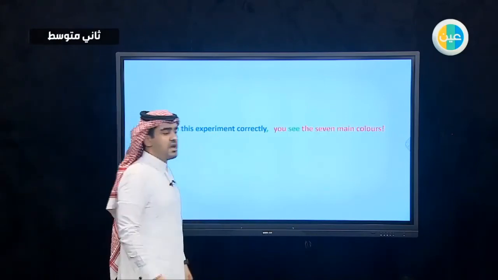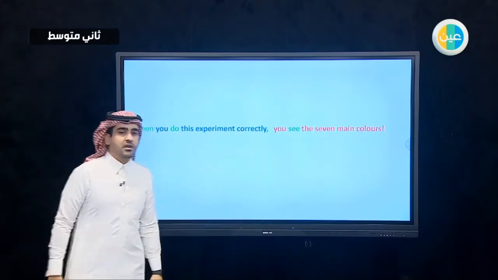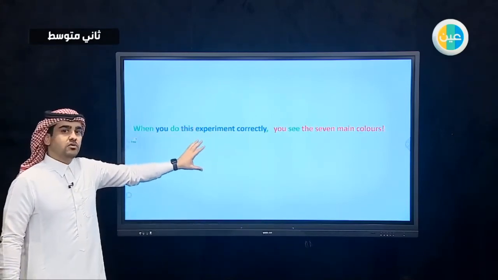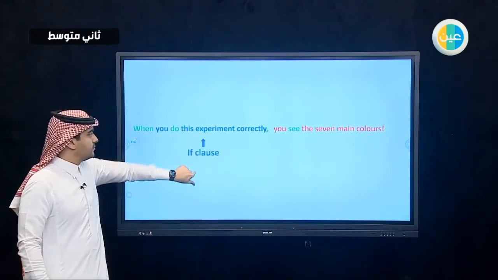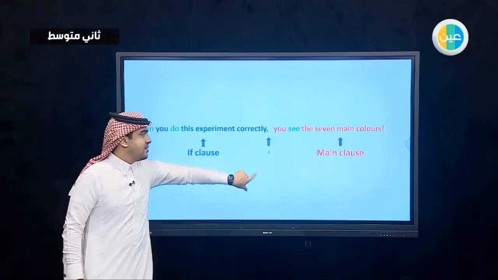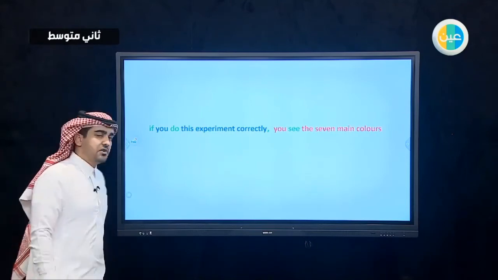You see the 7 main colors. When you do this experiment correctly, you see the 7 main colors. So this is also a zero conditional sentence without using if. This is with using when. This is the if clause, this is the comma, and this is the main clause. So you need to know this trick as well.